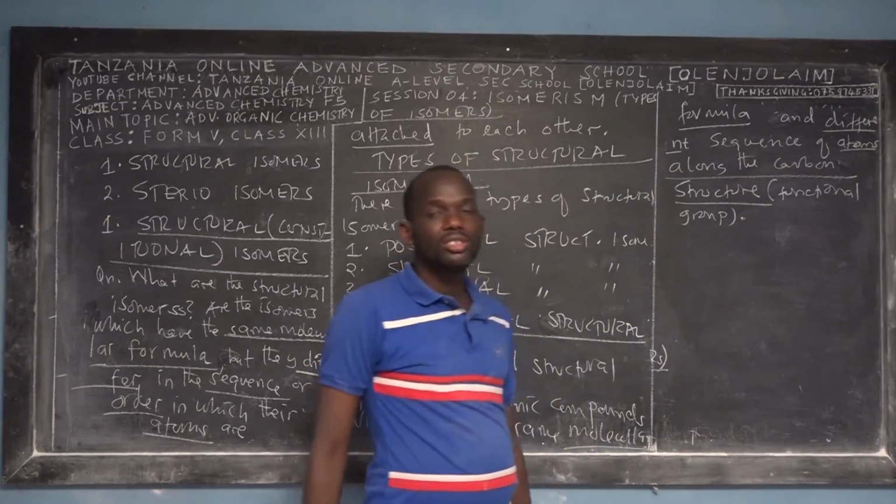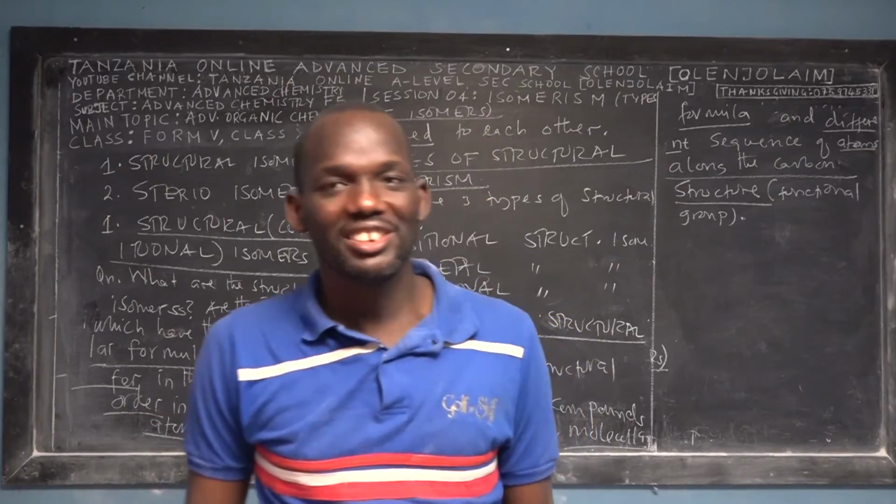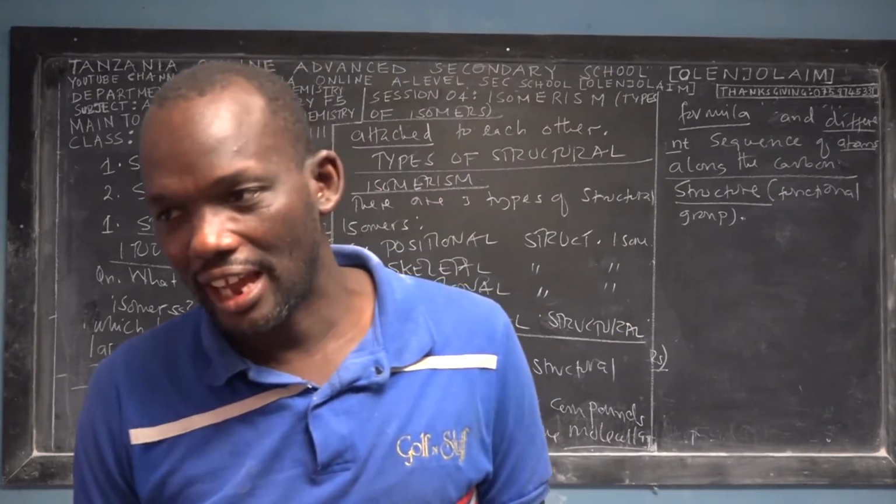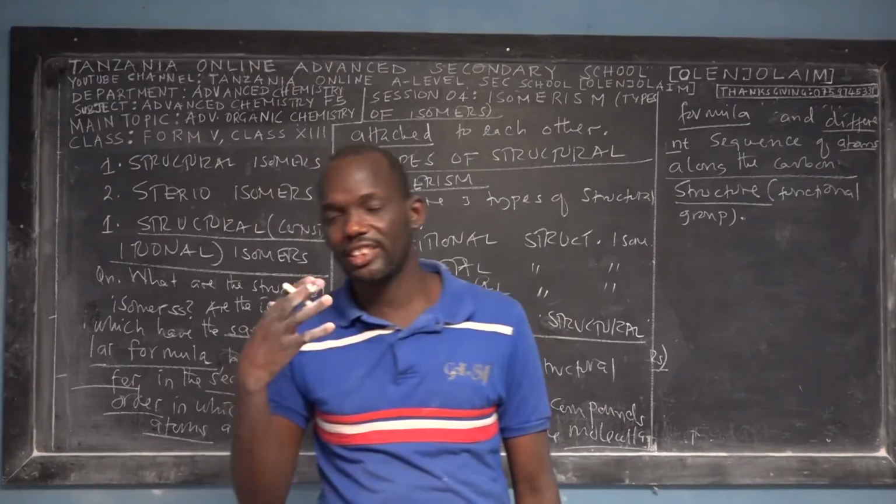So skeletal structural isomers are organic compounds which have the same molecular formula.